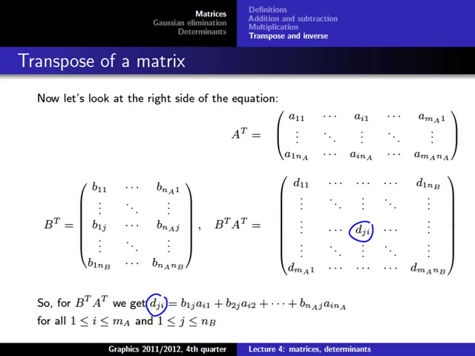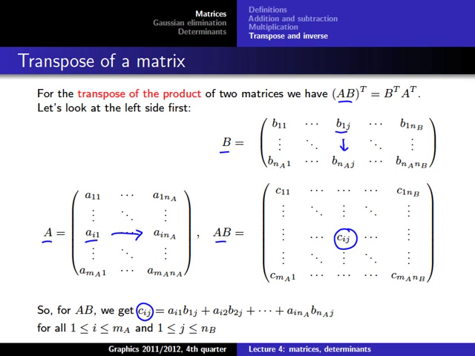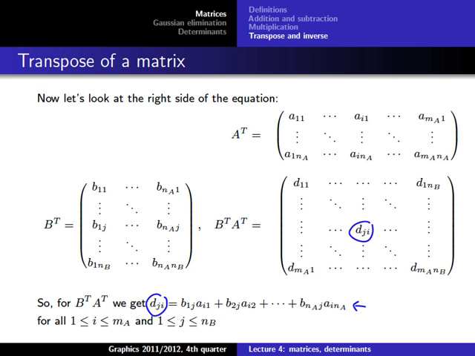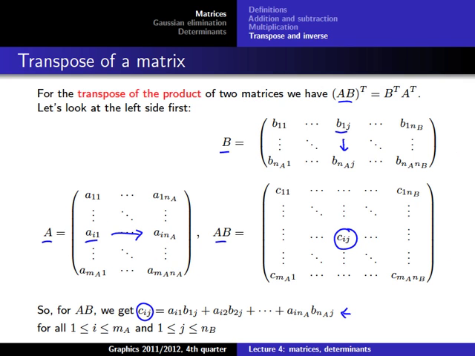Now if you compare this one here with this here, you see that this is actually the same, only here we have the index dji, whereas here we have it at the position ij.